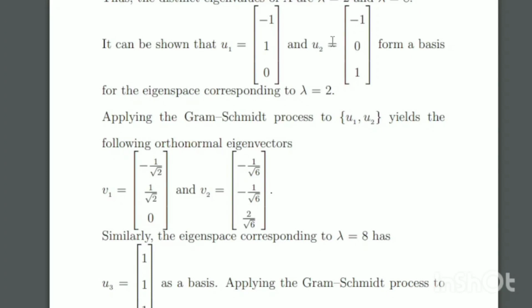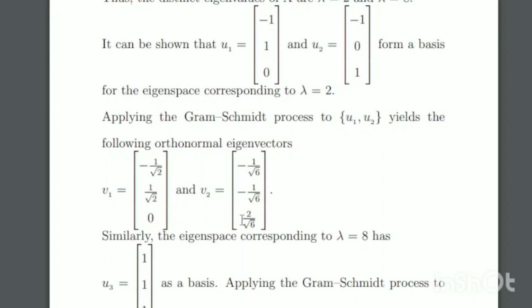So apply the Gram-Schmidt process to this u1, u2 that yields the following orthonormal eigenvectors. After applying it, you will get V1 as (-1/root 2, 1/root 2, 0), and V2 as (-1/root 6, -1/root 6, 2/root 6).